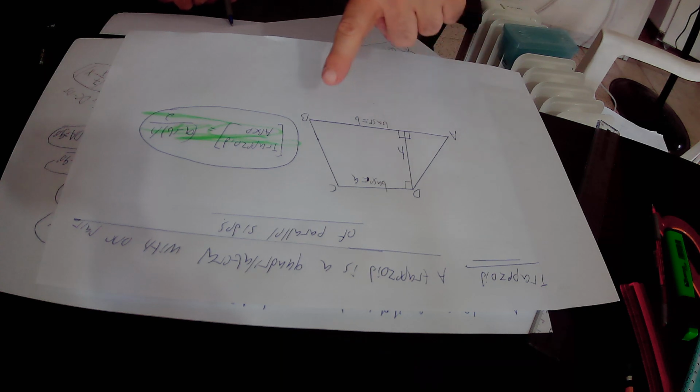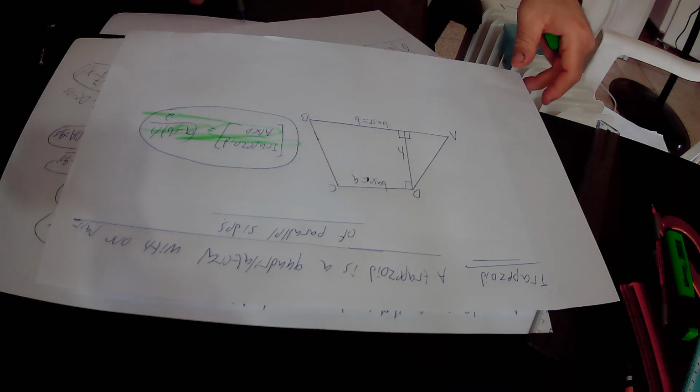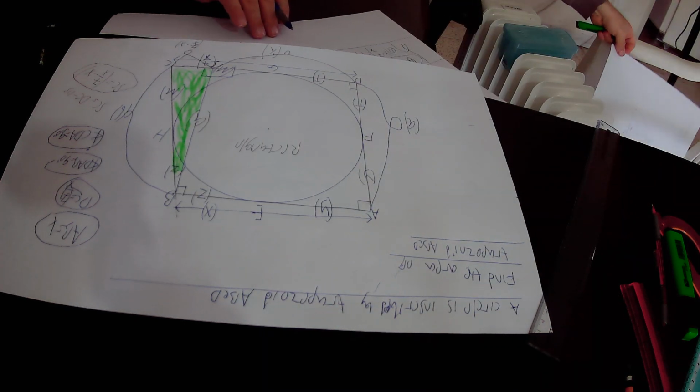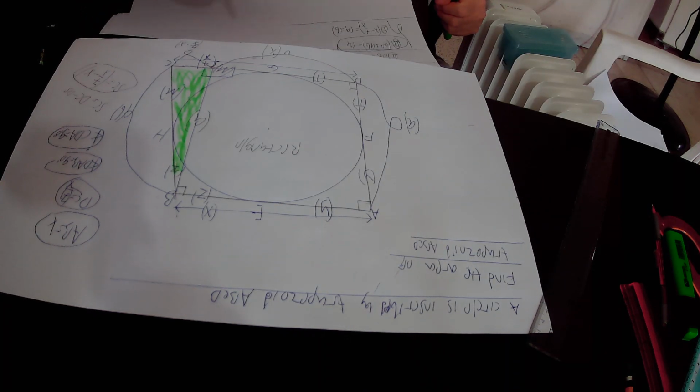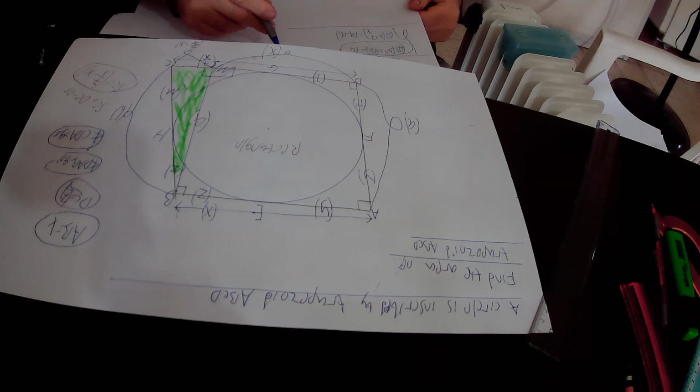So we use this formula in order to find out the area of this trapezoid ABCD.